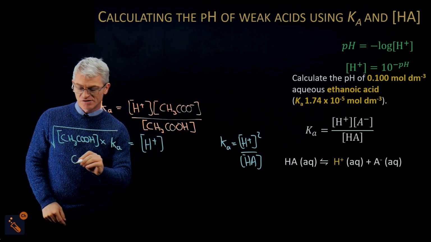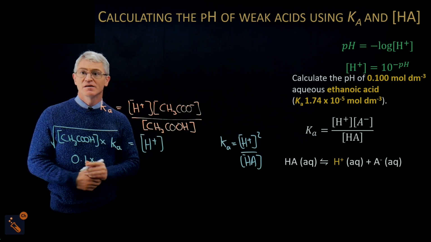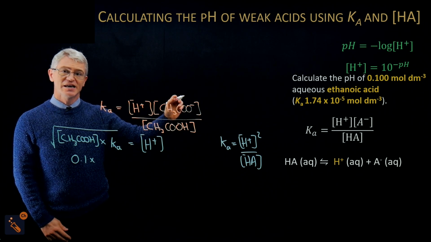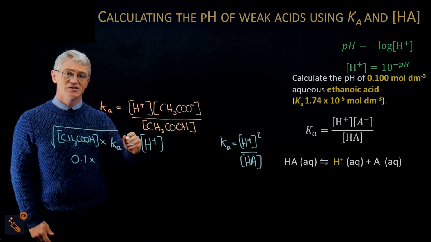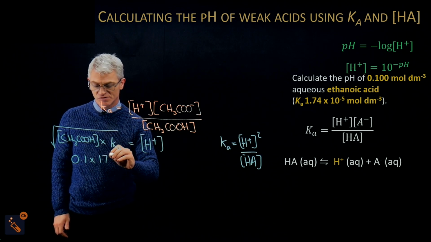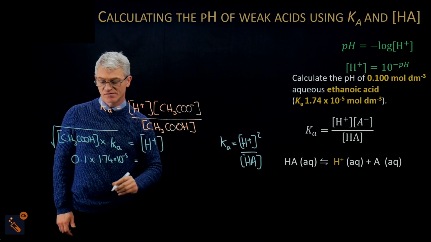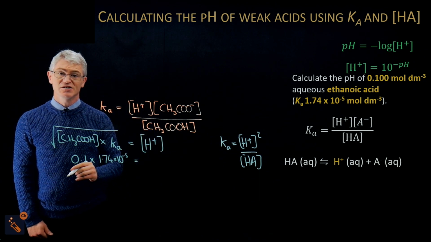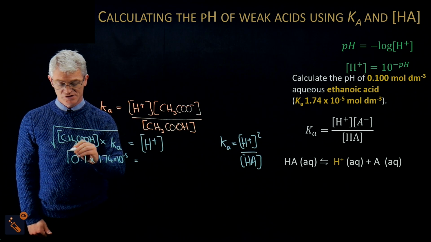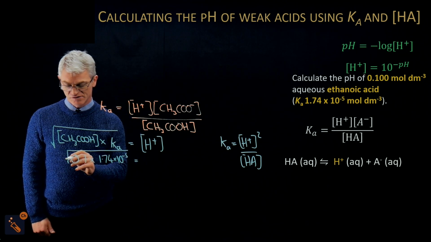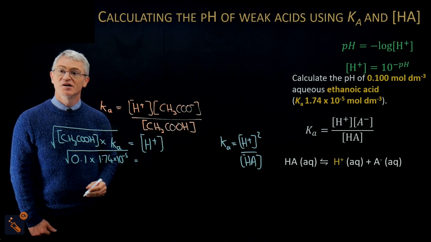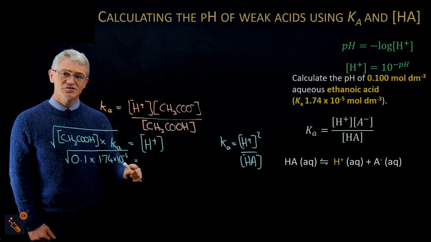So all we do is go 0.1. Then we look at the Ka value, 1.74 times 10 to the minus 5. So 1.74 times 10 to the minus 5. Then what we do is we take that entire lot, and remember, we square root it. Let's make our square root really obvious. There we go. That's all I've done.